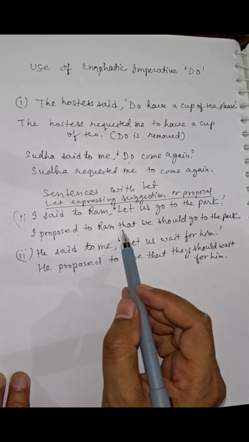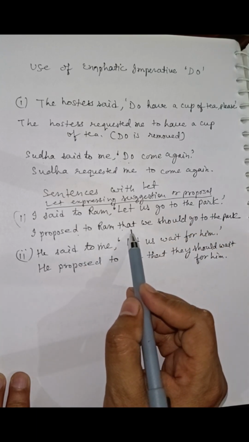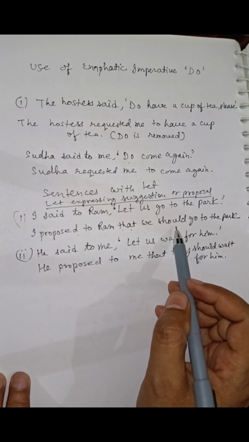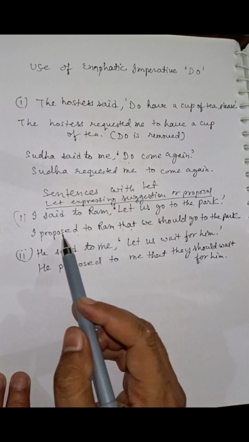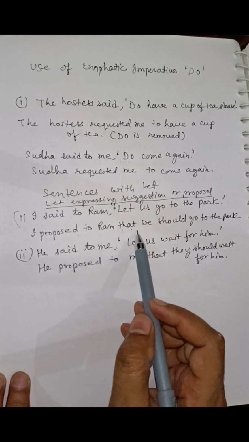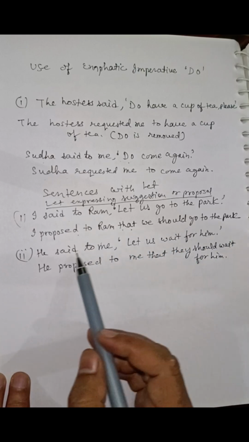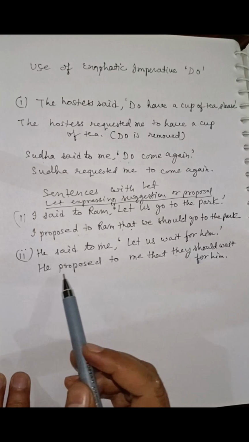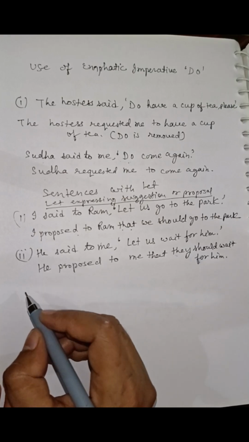In that, we have to use "that", remove the inverted commas, and use "should" as well. I proposed to Ram that we should go to the park. He proposed to me that they should wait for him.